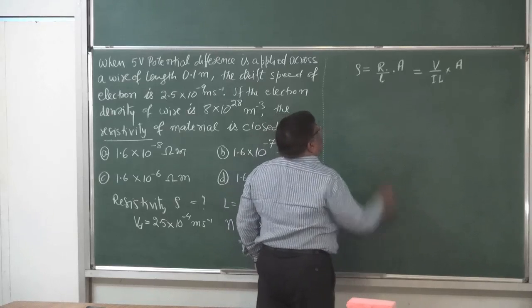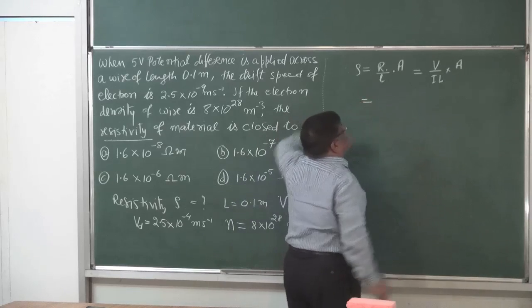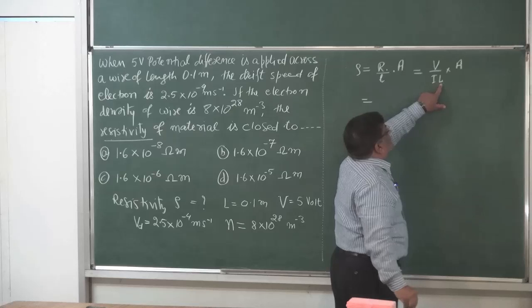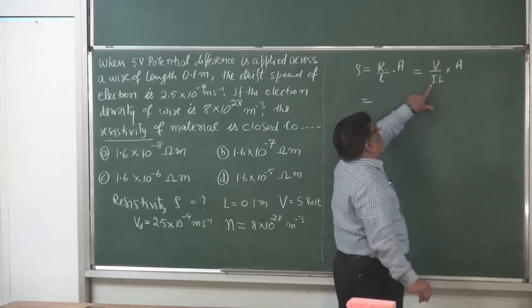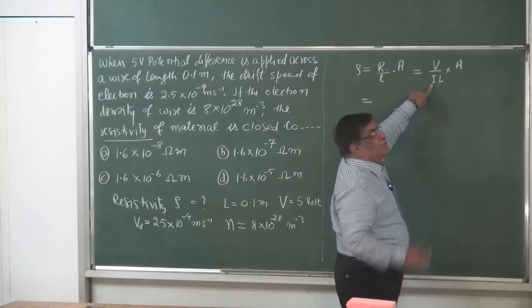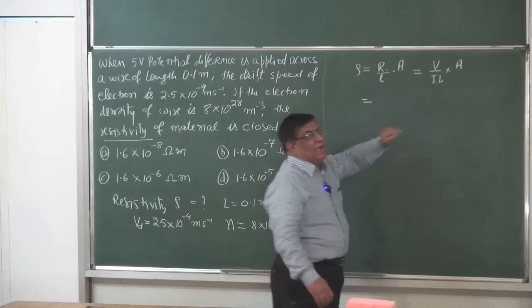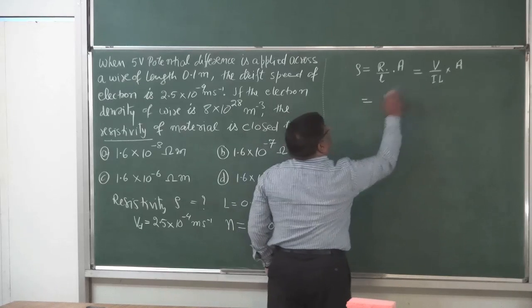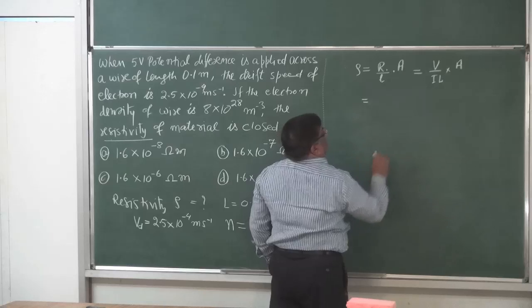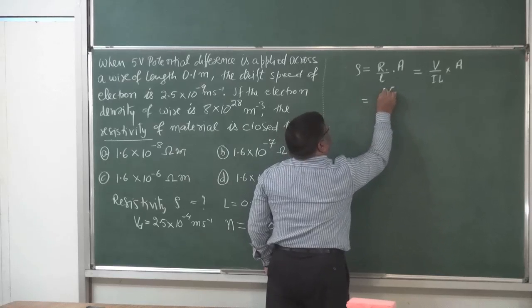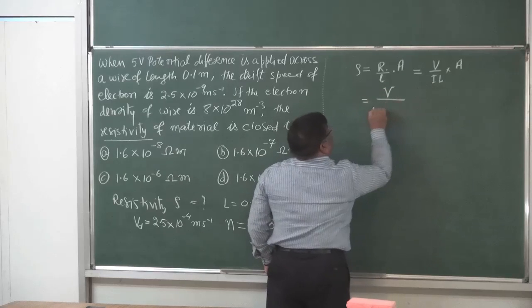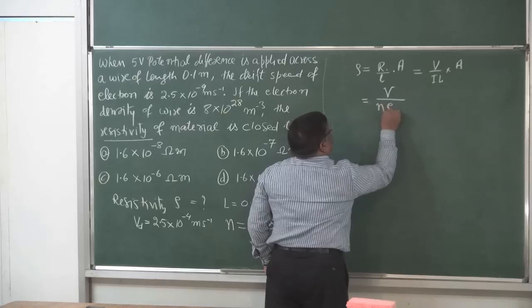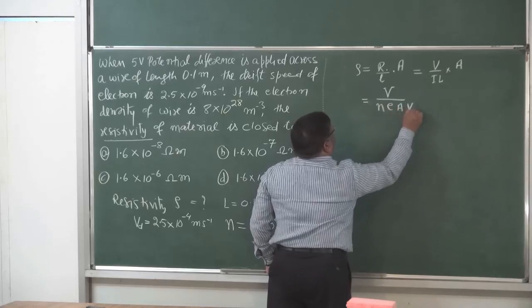Okay, now again voltage is given to us, length is given to us, area is not given, current is not given. So again we change it, current, and drift velocity is given to us. So we take the hint, current is to be converted to drift velocity. So we will write voltage V, current is equal to n e A v_d.